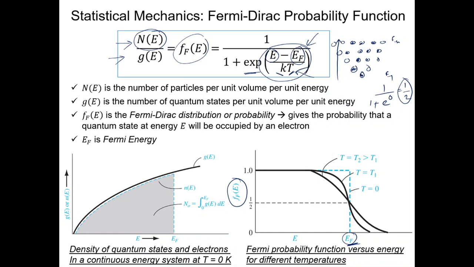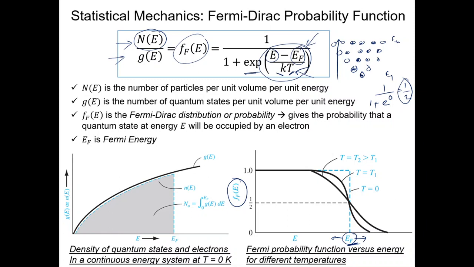And if E is less than EF, this becomes exponential of minus infinity, which means the exponential becomes 0, and therefore the function becomes 1, which means when T equals 0, the probability of finding the states occupied at energy less than EF will be 1, and at energy more than EF will be 0.